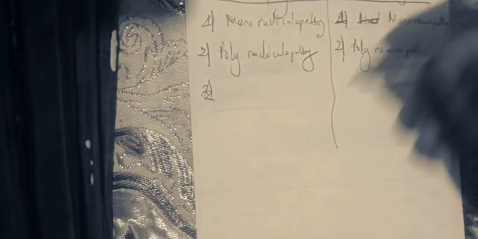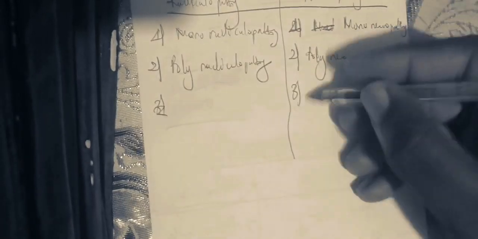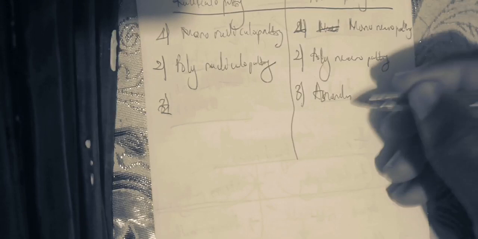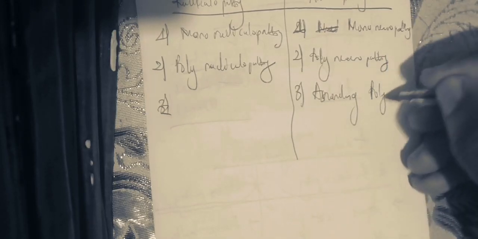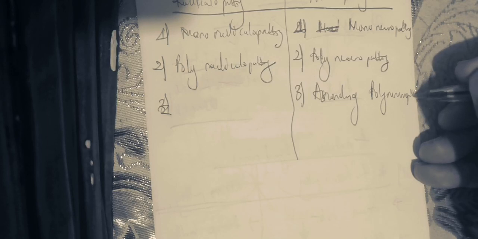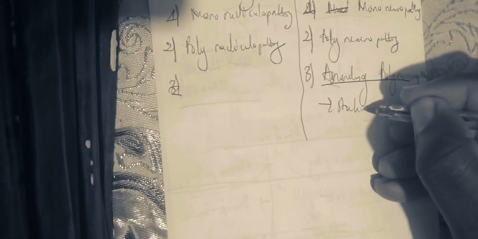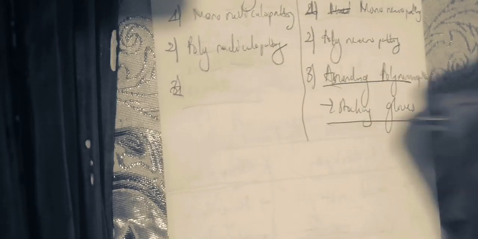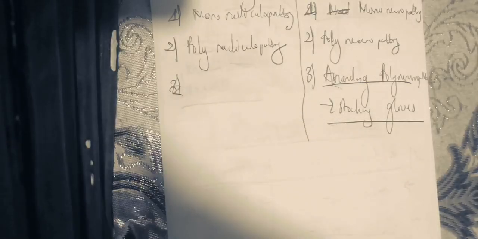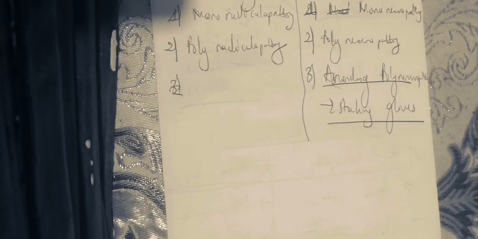Now, the third one after that. So those are the two major radiculopathies that we have. The other ones are on the neuropathies. In neuropathy, we also have ascending polyneuropathy. Ascending polyneuropathy is peculiar because it is going to progress in a stocking glove pattern. Is it clear? So when you have a patient that has lost sensation in a stocking glove pattern, starting from the tips of the fingers, it is going to be a loss of sensation as if you wear a glove, or on the part where you wear stockings.